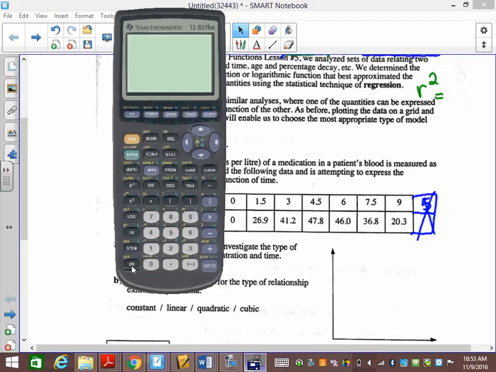We're going to go stat, edit, 0, 1.5, 3, 4.5, 6, 7.5, 9. Because it needs to have that point that at 0, it's 0. Right? That means something.